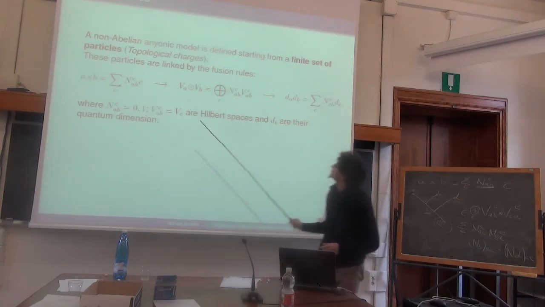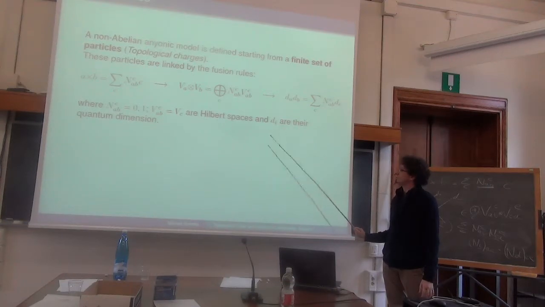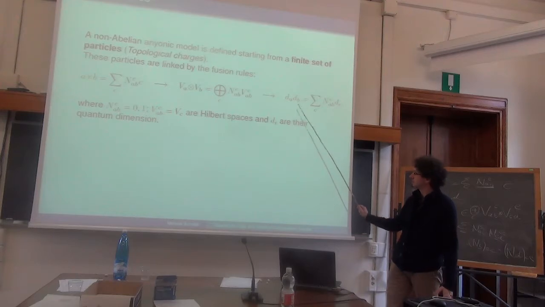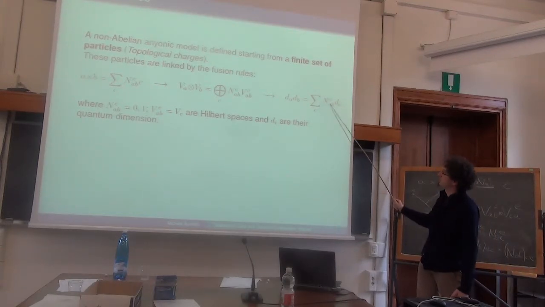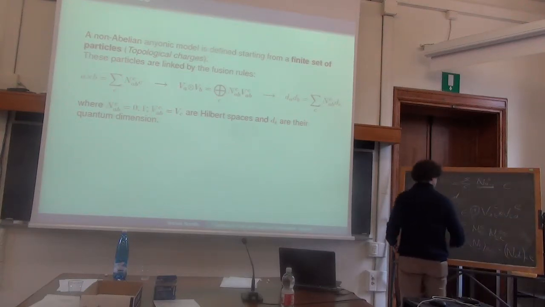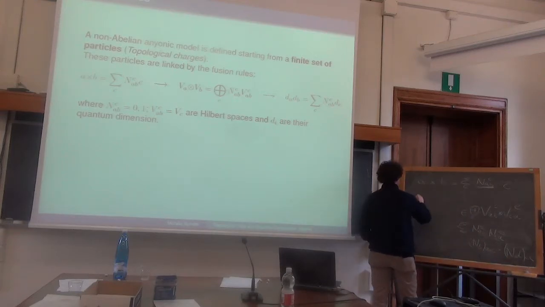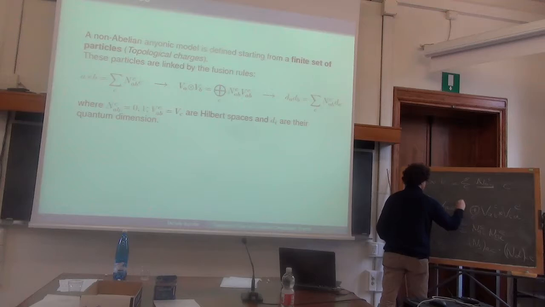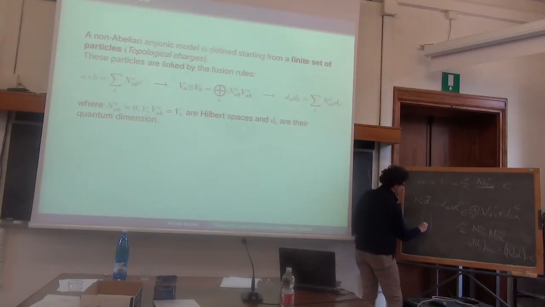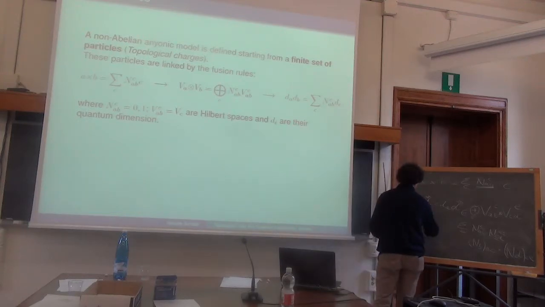Furthermore, I will introduce these parameters that are called quantum dimensions of the anyons, and I will explain in a while what these quantum dimensions are, but they fulfill this relation in such a way that if you consider N as a matrix, essentially this relation is telling us that N_A applied to a vector d is equal to d_A times the vector d, where d is a vector that has one component for each of the topological charges in my system, and in particular its components are dictated by these values d_A, d_B, and so on and so forth.